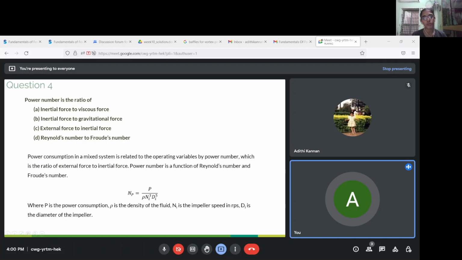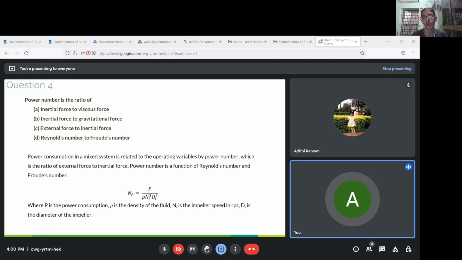So the power consumption in a system that is being mixed: a certain power is required to mix the system, that is, to rotate the impeller and to overcome the resistance by the fluid. All those require power from your side. So power consumption in a mixed system can be related to the operating variables. Those operating variables include the viscosity of the fluid, the density of the fluid, and the speed at which you're rotating.